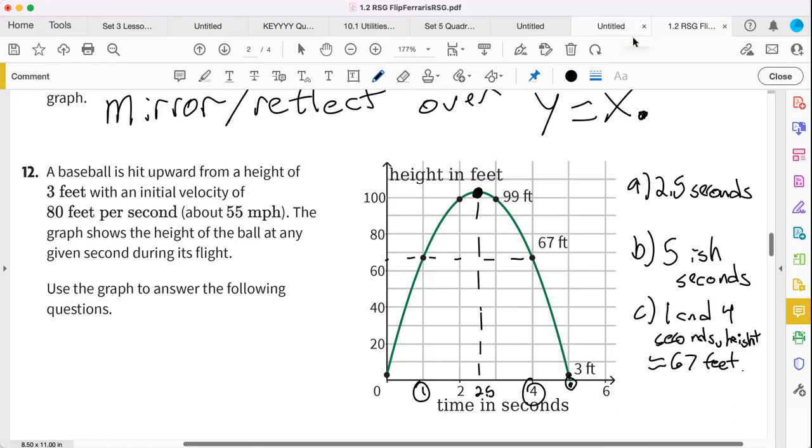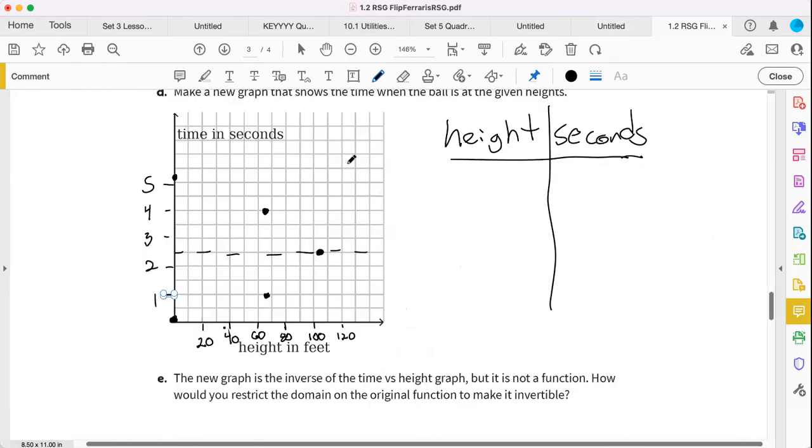So that's part C. Part D has you graphing now when height is an input, what's the time in seconds? Some points you could throw in here are as follows. We said that if it's at height 0, chances are no seconds have passed. That being said, there's also this point that we talked about back here where if the height's 0, the trajectory takes around 5-ish seconds to get back down to the ground.